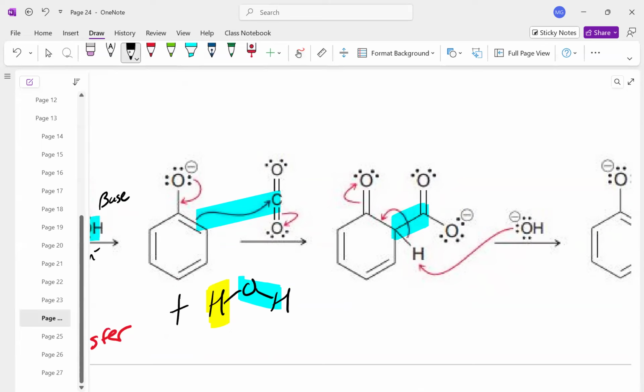You got oxygen, which is partially negative, carbon partially positive. You got a nucleophile making a bond to an electrophile. So this whole thing is demonstrating a nucleophilic attack.